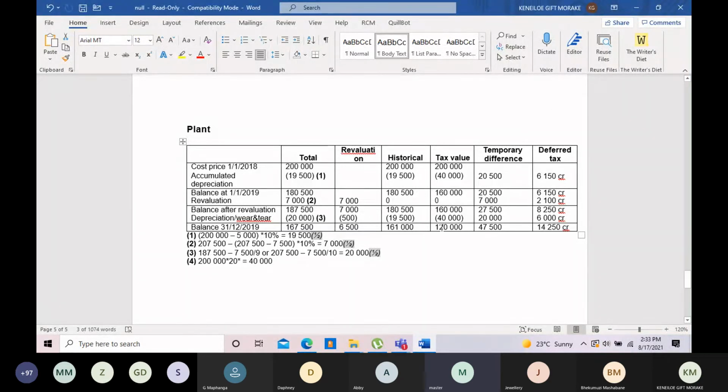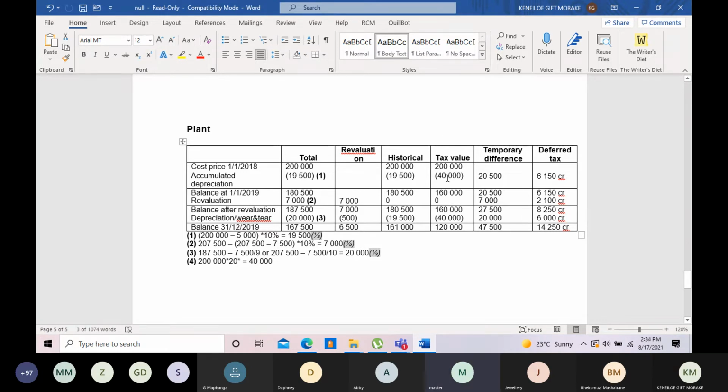So the cost price is this one, 200,000 minus the wear and tear is equal to 160,000. Do we have any new revaluation here? It doesn't form part of the tax value. That is why you see 0 here. And then you say 160 plus 0, you're going to get 160 as well.